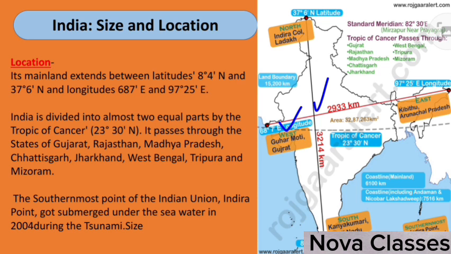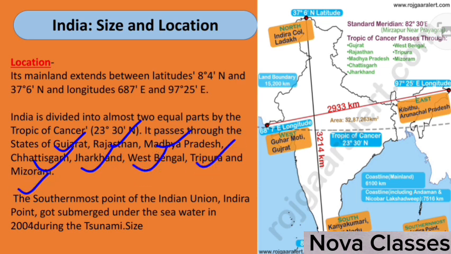After that, some part of Rajasthan, then Madhya Pradesh, then Chhattisgarh, then Jharkhand, then West Bengal, and after that Tripura, and then Mizoram. So you can see that 8 states are there where the Tropic of Cancer line passes through. I repeat once again: Gujarat, Rajasthan, Madhya Pradesh, Chhattisgarh, Jharkhand, West Bengal, Tripura and Mizoram.